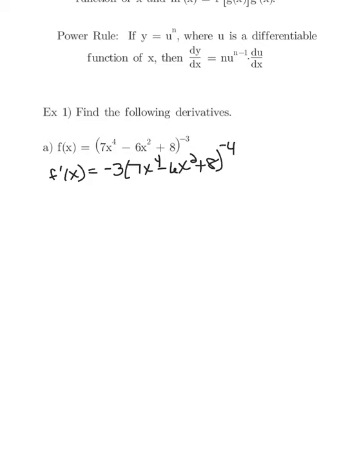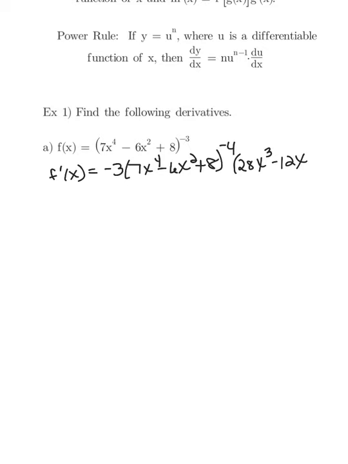Once you've done the derivative of the outside part, the power part, now you do the derivative of the inside function. So we're going to do the derivative of the polynomial 7x to the fourth minus 6x squared plus 8. That will give us 28x cubed minus 12x.